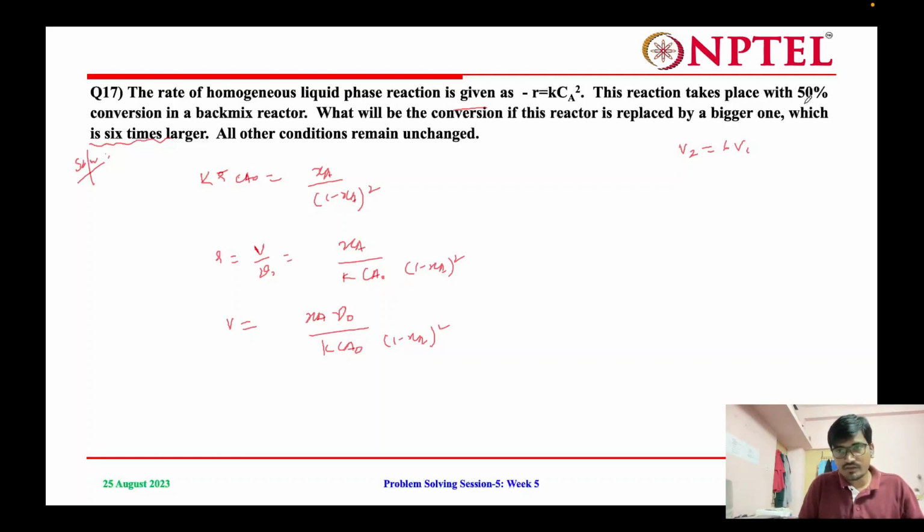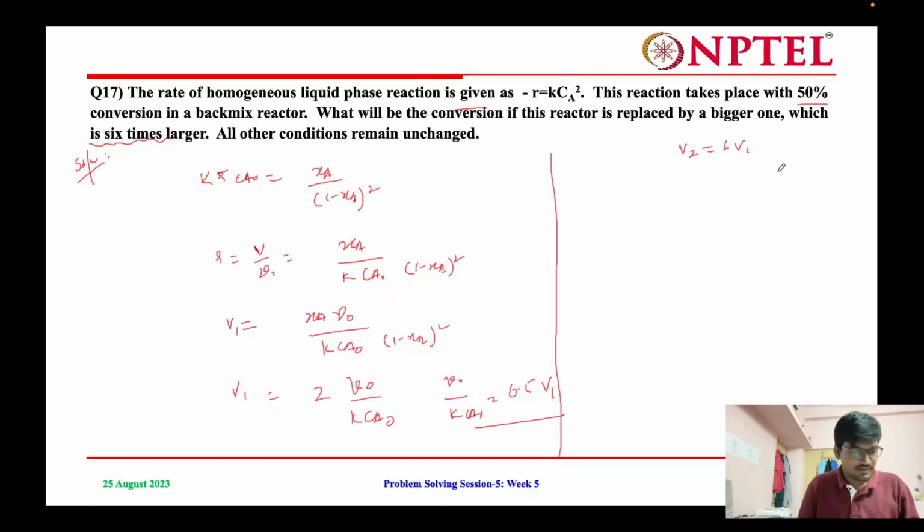There is a given conversion of 50%. So this is V1 equal to twice V naught by K C A naught. So V naught by K C A naught equal to 0.5 V1. Right.